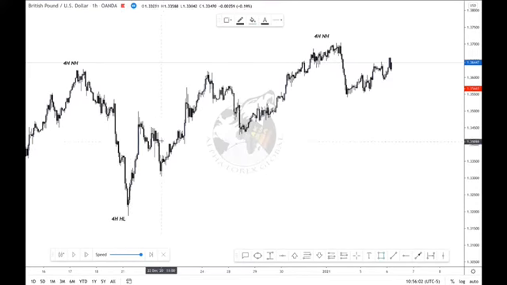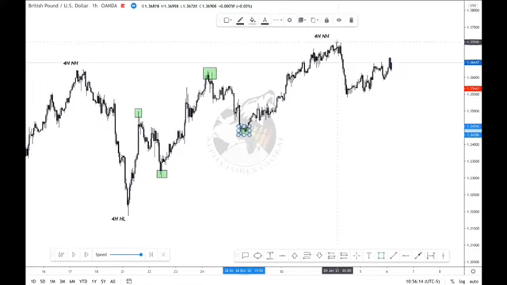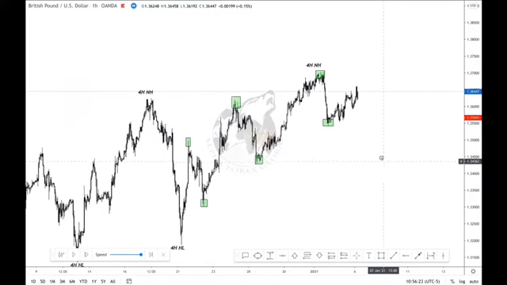Obviously on the 1-hour time frame, this right here is a high, this is a high low, this is a new high, this is a high low, and then this would be a new high, and then this right here would be a higher low.